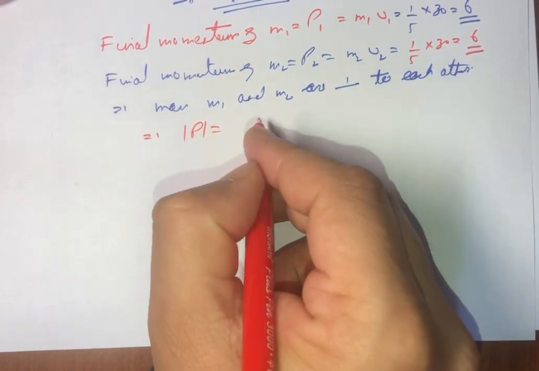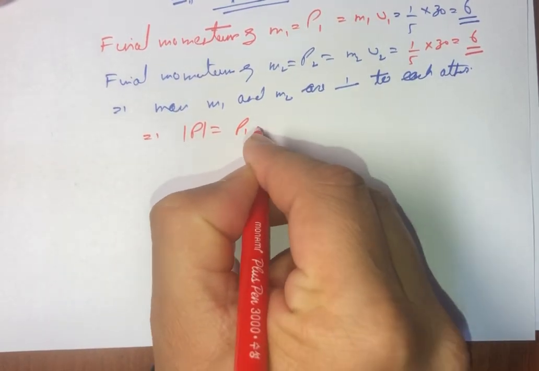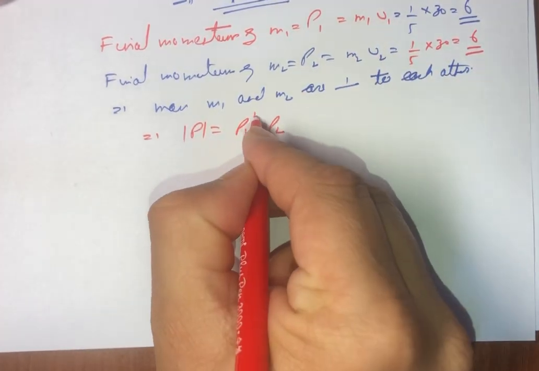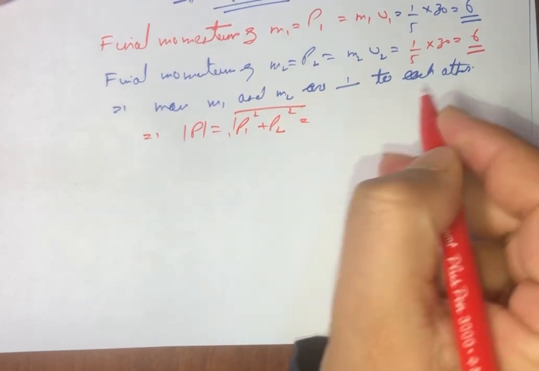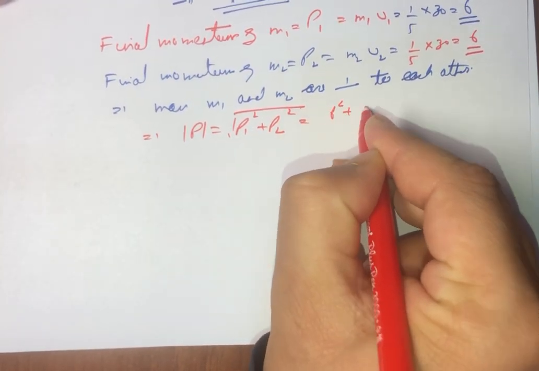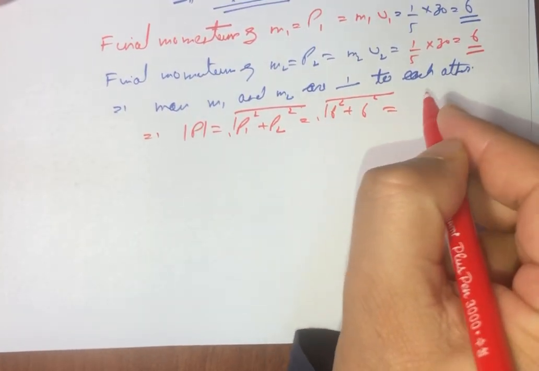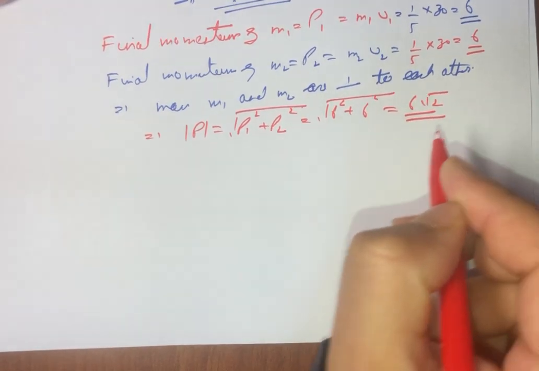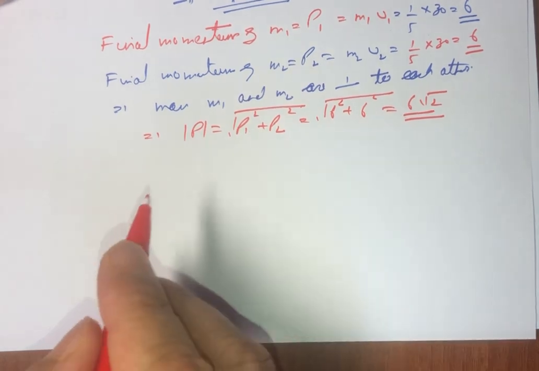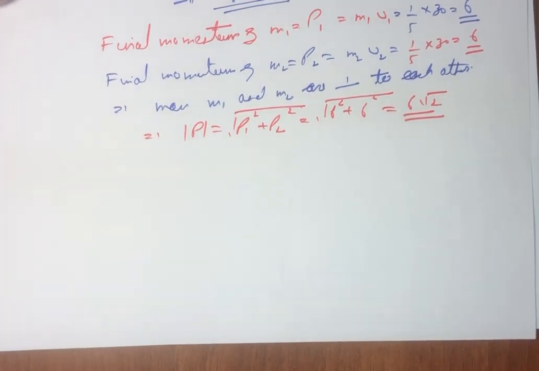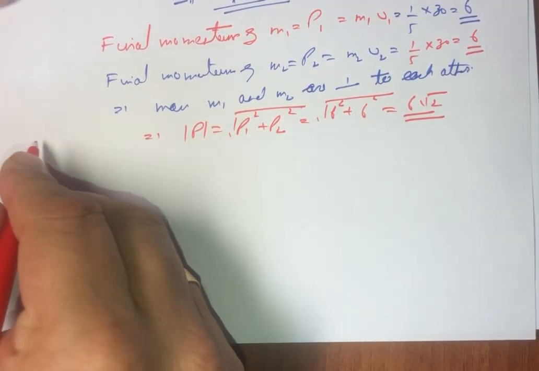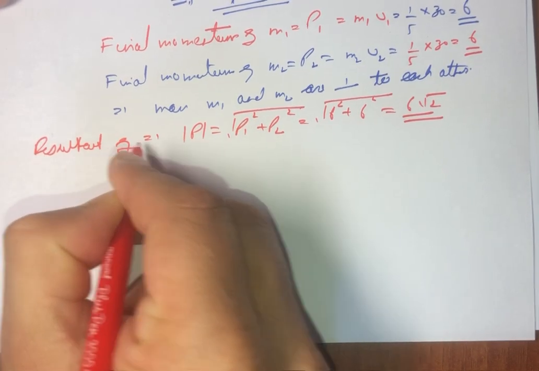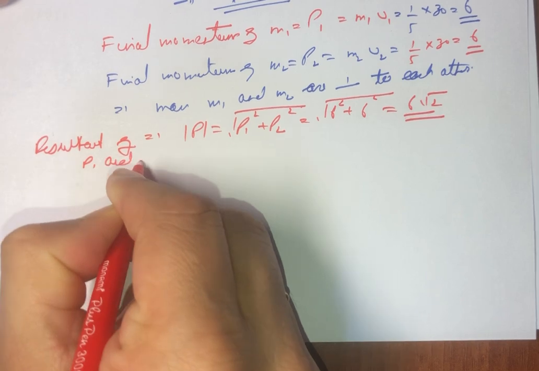P will be equal to the square root of P1 squared plus P2 squared. Substituting values, this will be the square root of 6 squared plus 6 squared, which comes to 6 root 2. This is the resultant of P1 and P2.